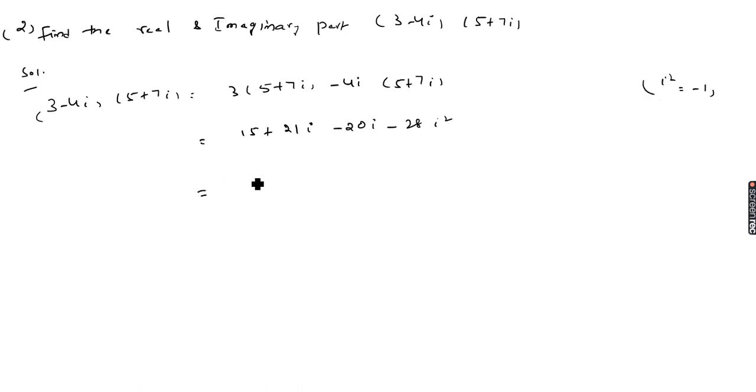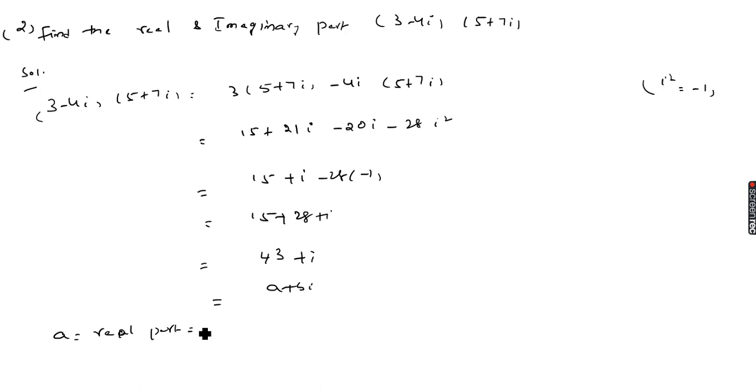Therefore we get 15 plus i minus 28 times minus 1, so 15 plus 28 plus i, that is nothing but 43 plus i, which we compare with the a plus bi form. So here a is the real part, that is equal to 43, and b is the imaginary part, that is equal to 1.